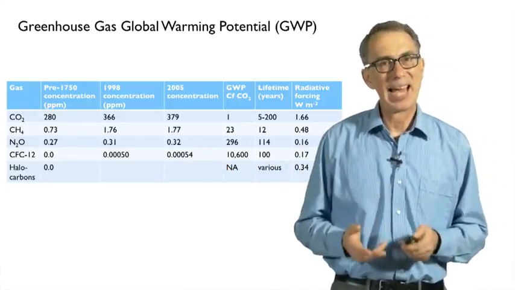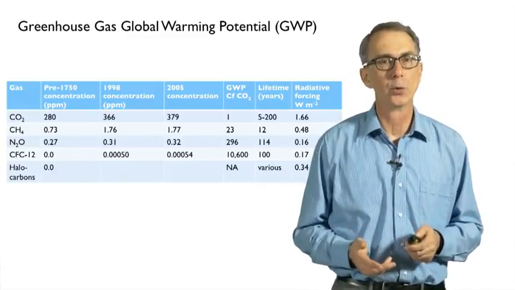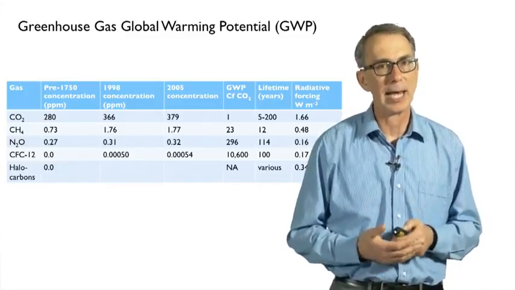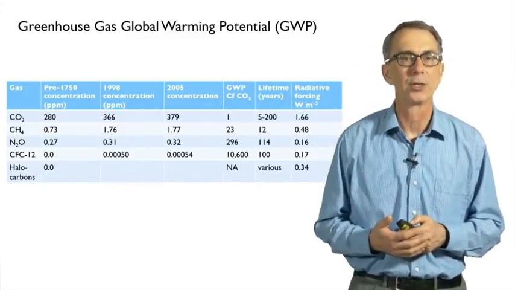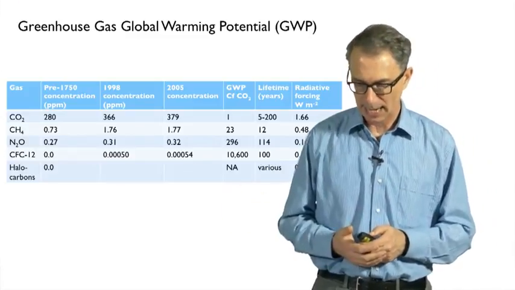But their impact on the climate, molecule per molecule, depends upon how they interact with the infrared radiation, how much infrared radiation they absorb, as well as their lifetime in the atmosphere.